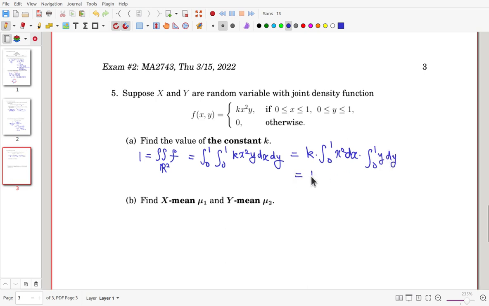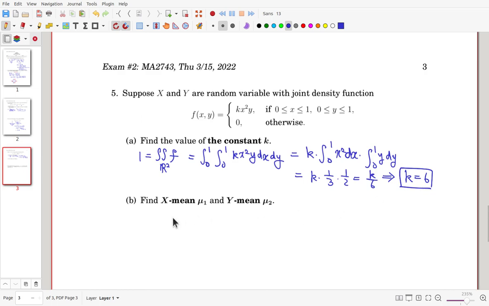So k times 1/3 times 1/2 must be 1. That's k over 6, which implies that k must be 6. So that's the answer for part A.